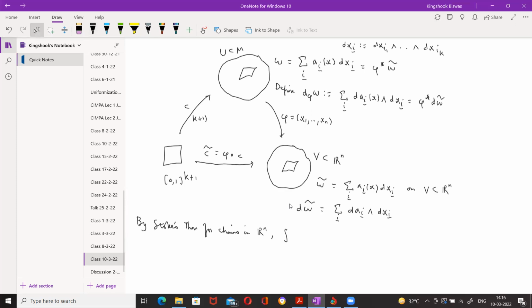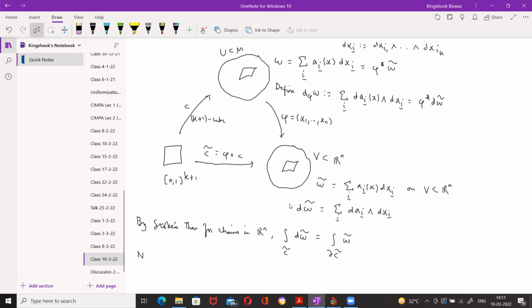This is a k plus 1 cube. So the integral over C tilde of d omega tilde is equal to the integral over the boundary of C tilde of omega tilde, right? Yes, this is Stokes for chains in Rn. Yes? Okay.